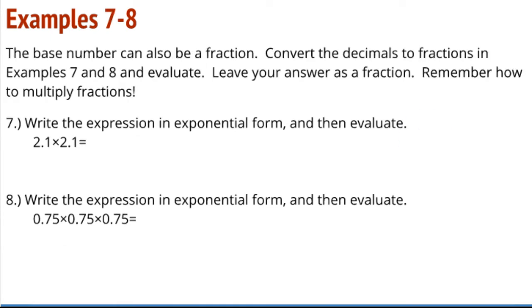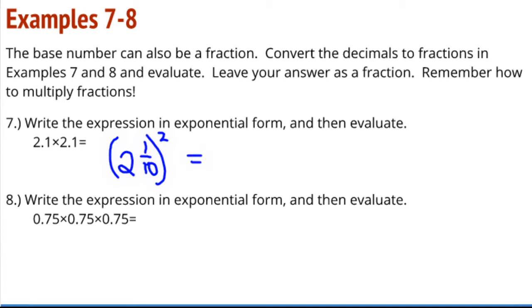All right, so the base number can also be a fraction. It doesn't just have to be whole numbers. And we're going to convert some decimals to fractions, and we're going to evaluate. So for example, 2 1/10 could be 2 1/10, and we would raise that to the 2nd power. Now there's lots of different ways to think about this multiplication here.